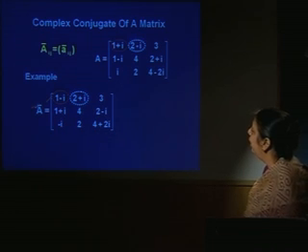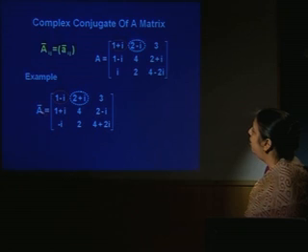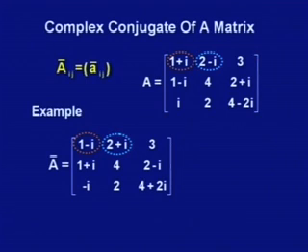So, the matrix being given as A, the complex conjugate A bar will be this matrix. And one may notice that A bar is equal to A for a real matrix A. So, we can extend this concept to real matrices also, but in that case the complex conjugate remains the same.